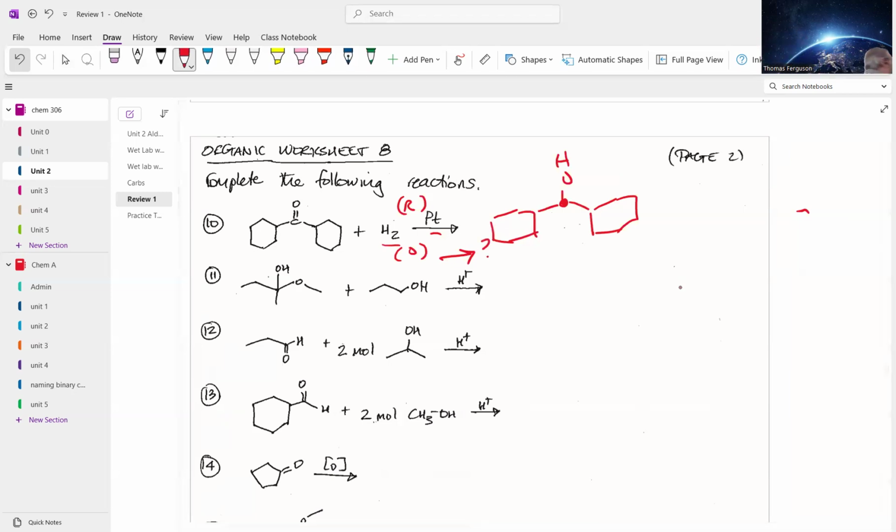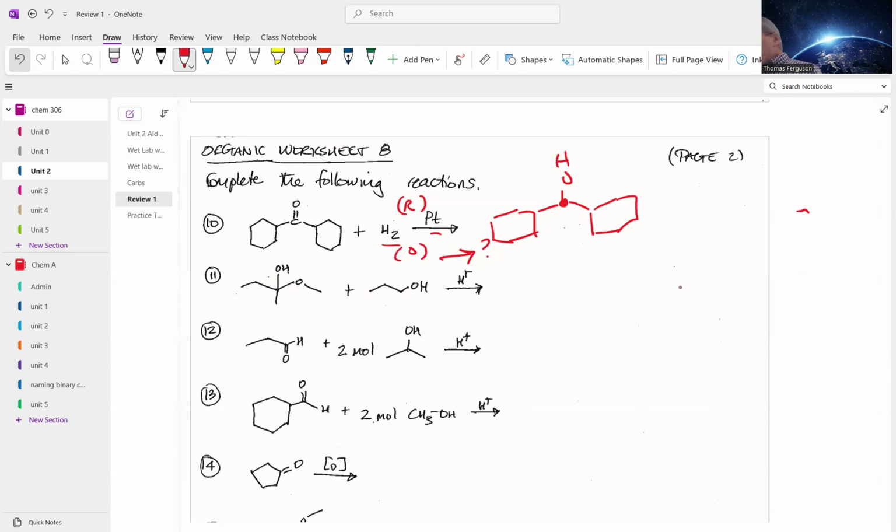What will we get or not get? Can ketones be oxidized? That's right, she's shaking her head no. That's correct. It cannot be oxidized. So nothing would happen, only in a reductive environment would we see that ketone reacting.